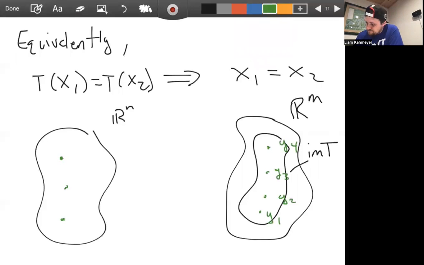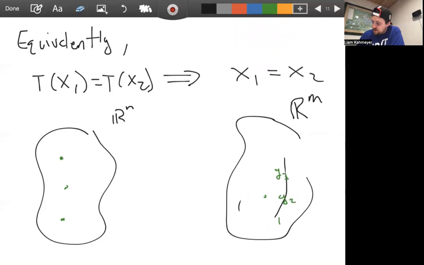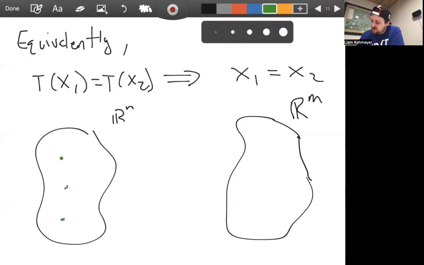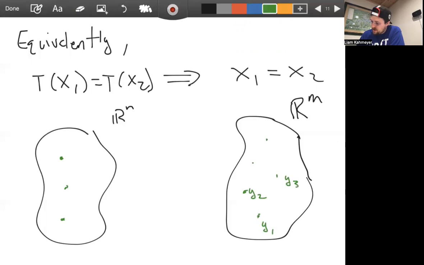Well, okay, for injectivity, maybe I don't want to talk about the image, right? Let me talk about that for surjectivity. So let's say we have some points here, y1, y2, y3, and y4, and then we have points x1, x2, and x3.